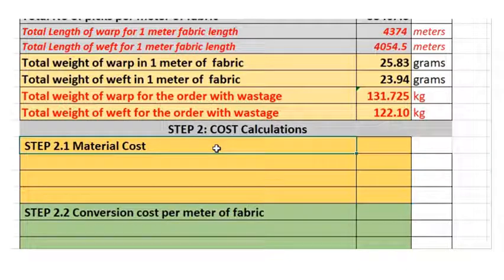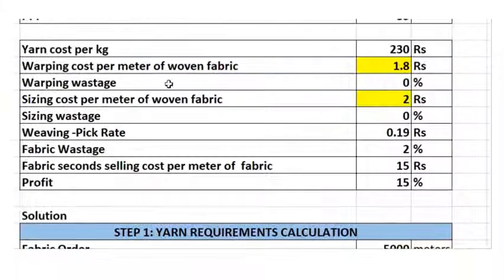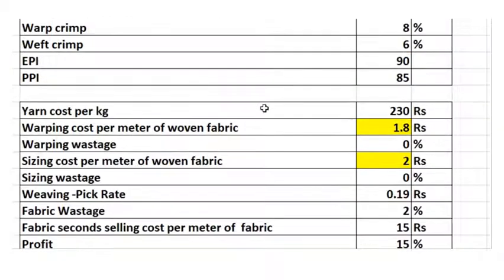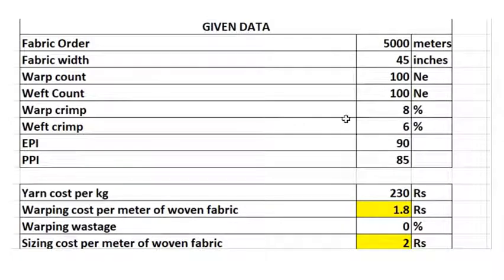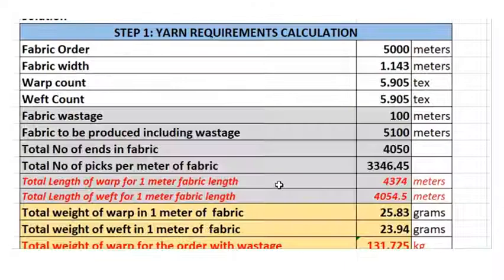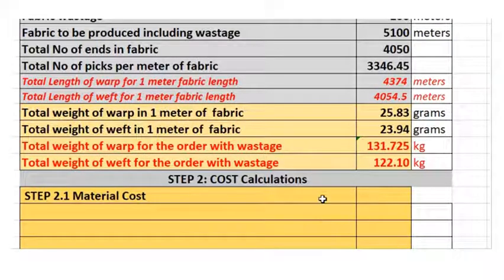So first is the material cost. So we know the warp yarn cost for 1 kg. Warp and weft both are the same, so the yarn cost is given as a single value, 230 rupees. So we know the kgs of warp and weft yarn along with wastage.